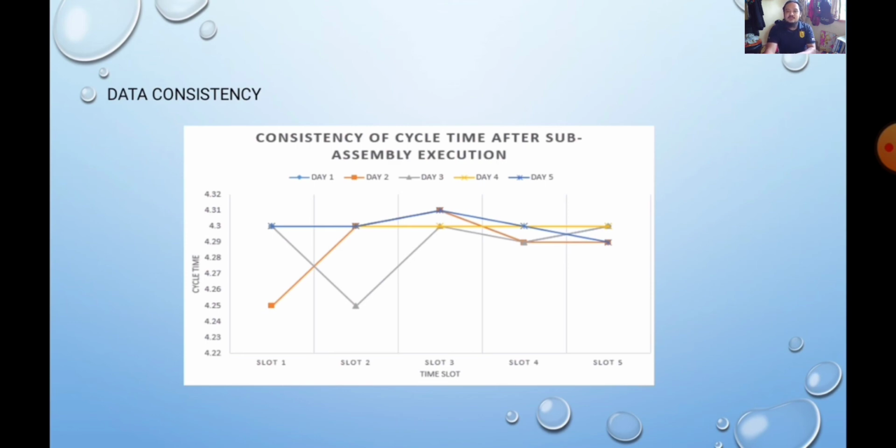The cycle time for different time slots after the execution of the sub-assembly station is shown in the graph, where the consistency of the cycle time obtained is very high due to the separation of both assembly and sub-assembly processes. But at a certain time, which is 2 p.m., its reading slightly exceeds the standard of the cycle time.